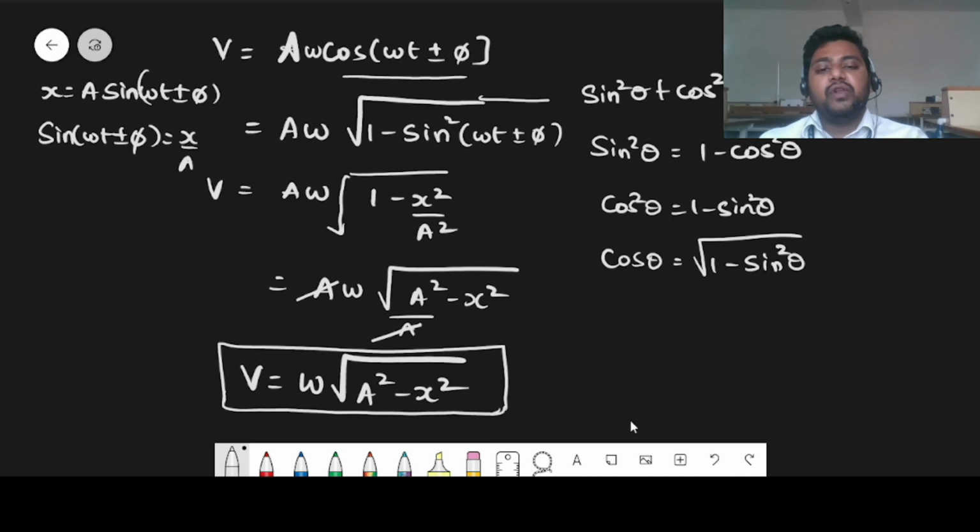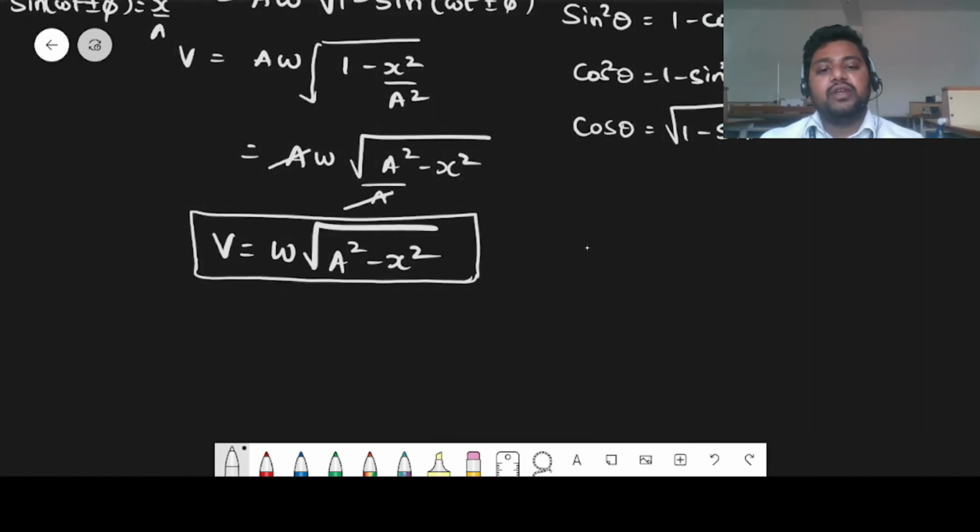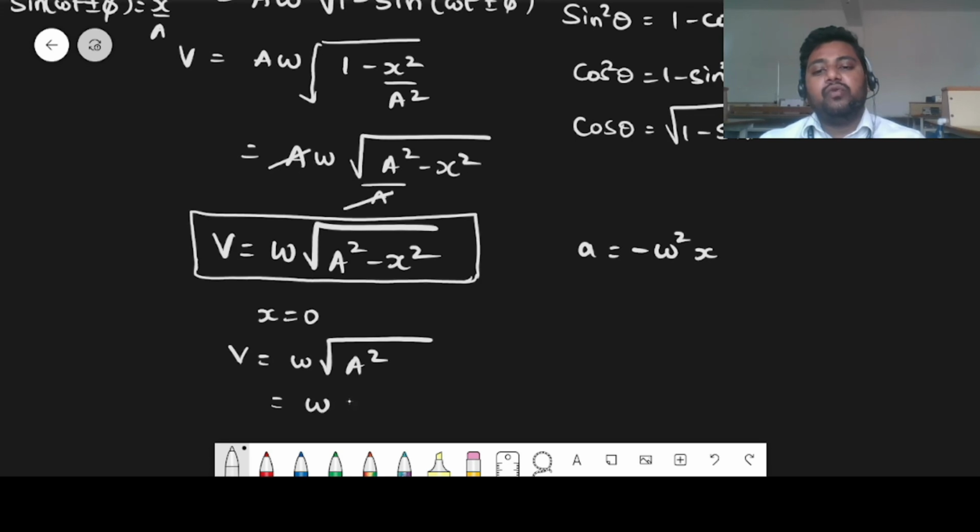What is the maximum velocity? When do we have maximum velocity and when do we have maximum acceleration can be analyzed from this case. If your x is 0, that means velocity will be equal to under root of omega square into a square. That means it will be giving you omega a, and moreover when you are applying this rule you will be getting it as plus or minus. Velocity can be either positive or negative, it depends in which direction the object is actually traveling.